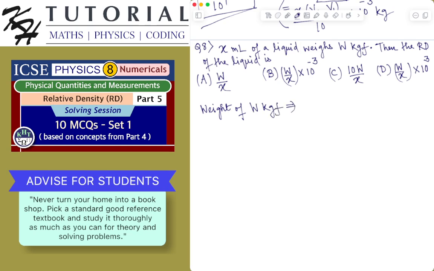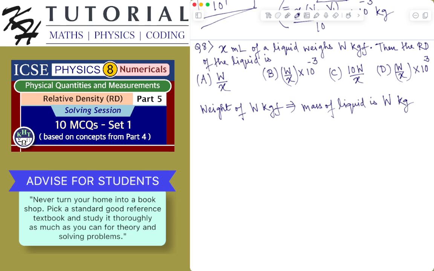W kgf implies the mass of liquid, that is the weight of liquid is given to be W kgf. This implies the mass of the liquid is W kilogram. kgf, as already explained earlier, is the gravitational unit of the weight, and weight is nothing but a force.